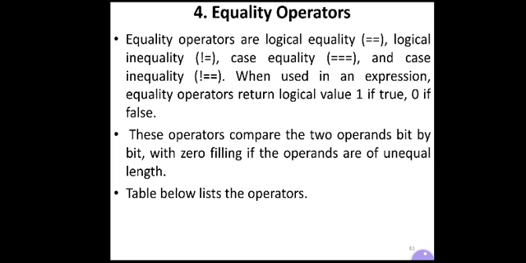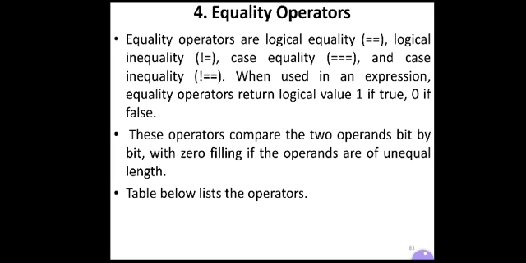There is another type called case equality, in which three equal to signs are used, and then the case inequality symbol. We will come to know the difference between the logical equality and the case equality.